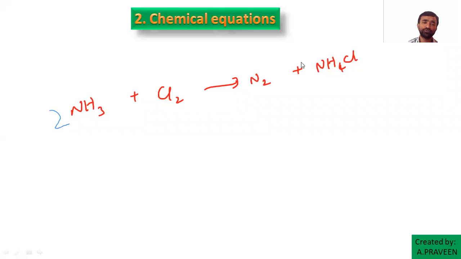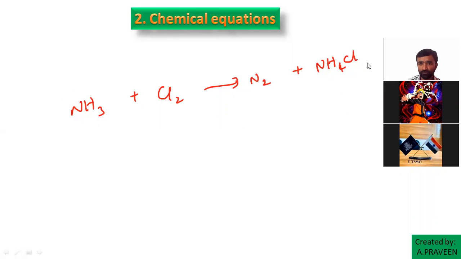Rohit wrote coefficient 2 before NH3. Why did you write 2 before NH3? You wrote 3, again changed. Okay, trial and error method. Okay, go on. Nitrogen count is the same on LHS and RHS.